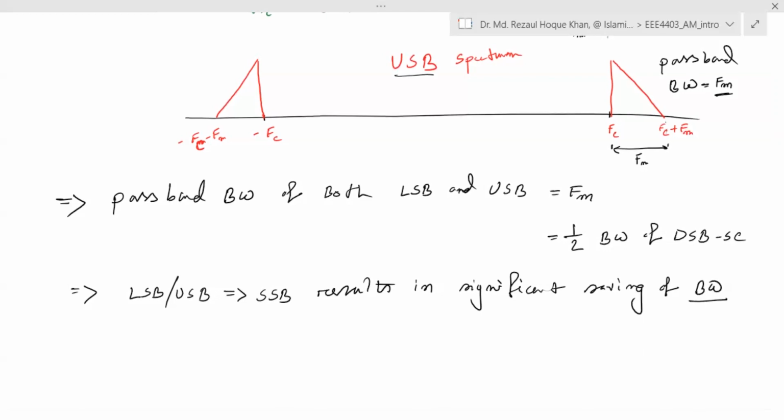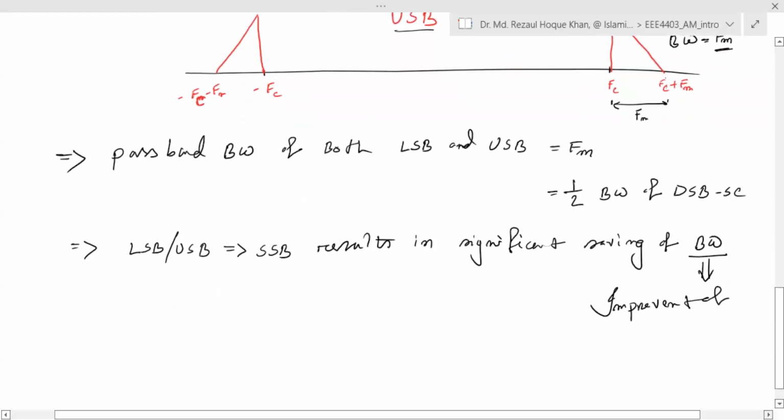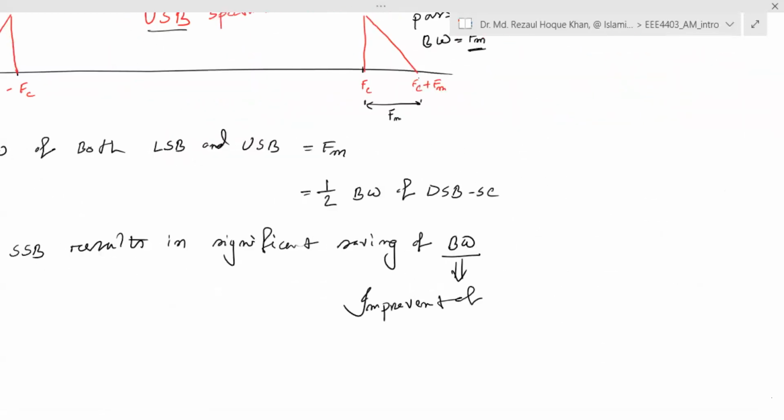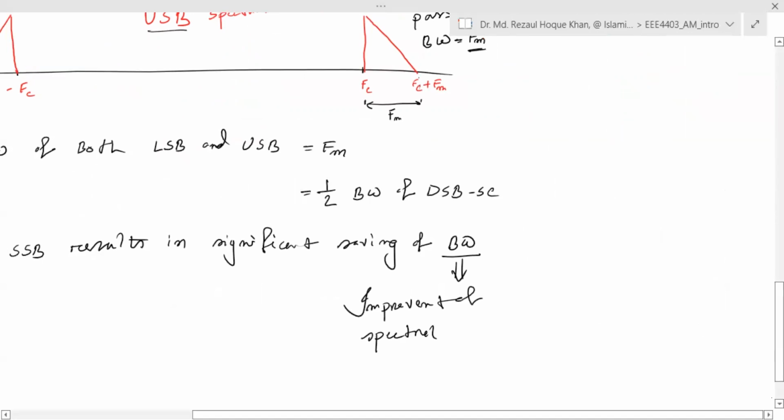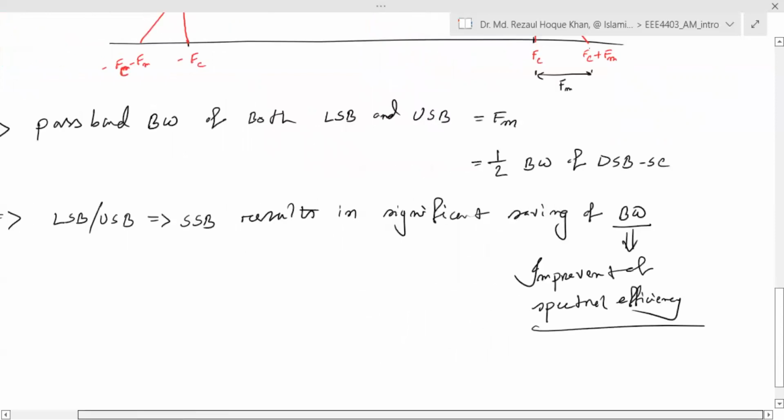Saving of the bandwidth is nothing but the improvement of the spectral efficiency of the system. Now let's see what that actually means.